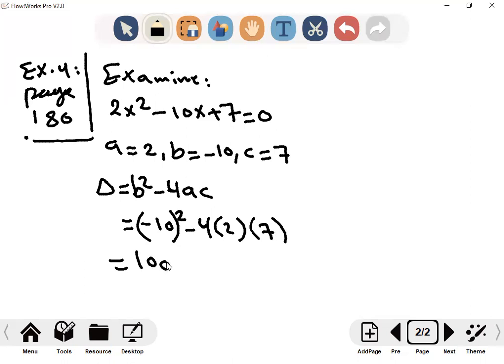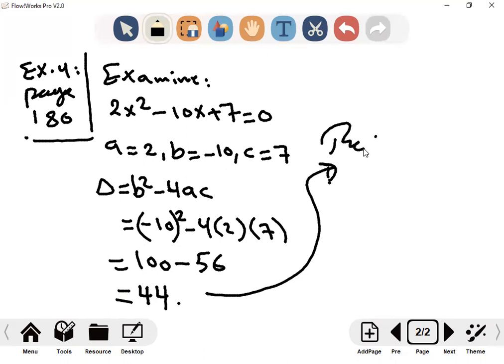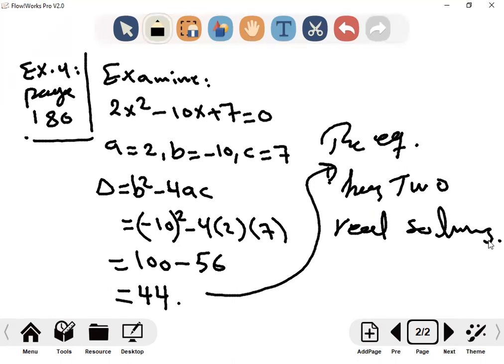This is 100 minus 56, which is 44. Now delta is 44, meaning it is positive. This means that this quadratic equation has two real different solutions or roots.